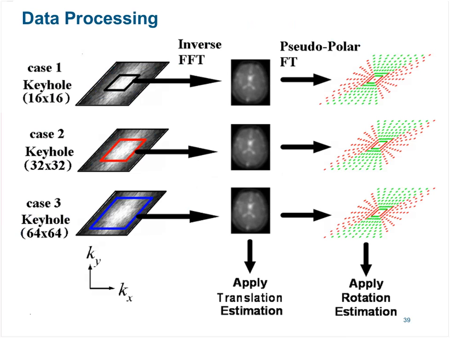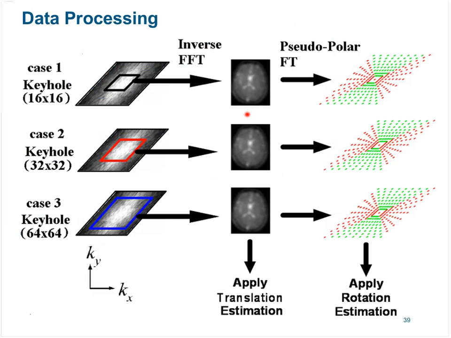And this is the complete data processing flow diagram explained for the combined translation and rotation estimation scheme. You could use keyholes with different sizes, but let's say for the smallest keyhole, first apply the inverse fast Fourier transform.